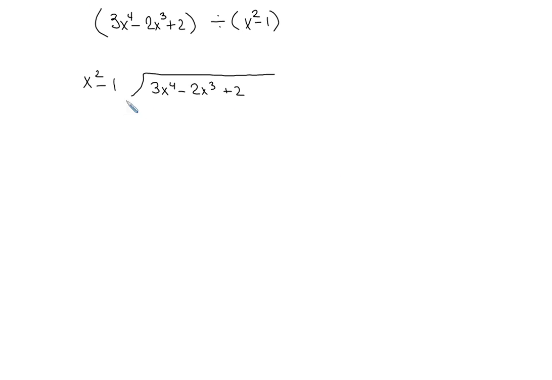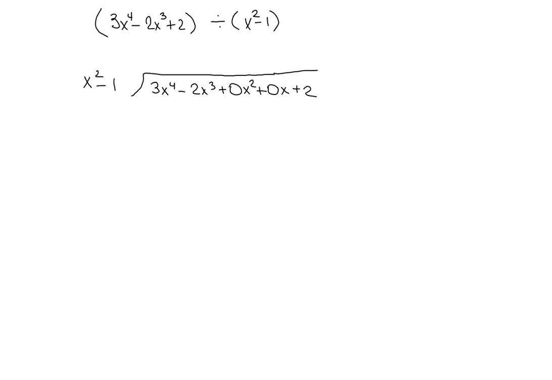What's missing here? X squared and x, which means I need to put a plus 0x squared and a plus 0x in, and then I can write my plus 2. Now, if the constant was missing, you still put a plus 0 for the constant. Anything that's missing as you work your way down from the highest or the leading term has to be represented by a placeholder.